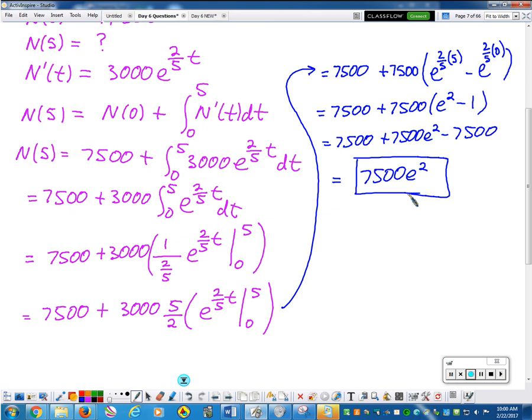Yeah, because this left side never stopped being n of 5, it's fine. Please. So did you only distribute the 7,500 that 2,500 comes out? Right, because it's basically the same thing as I said to Kelsey. The other 7,500 was never a part of the integral, so it was never being multiplied by anything. It's just off by itself. So the 7,500 here never gets involved. Only this gets distributed. Good question.